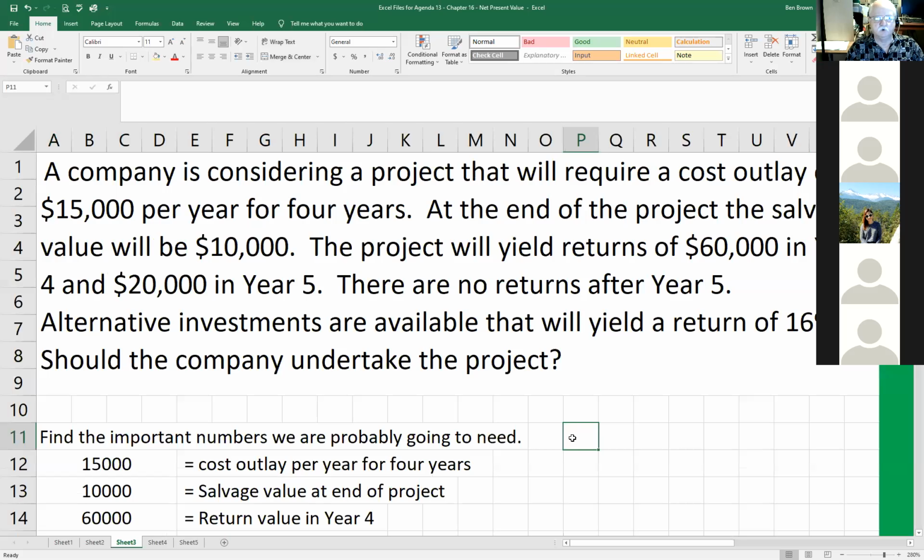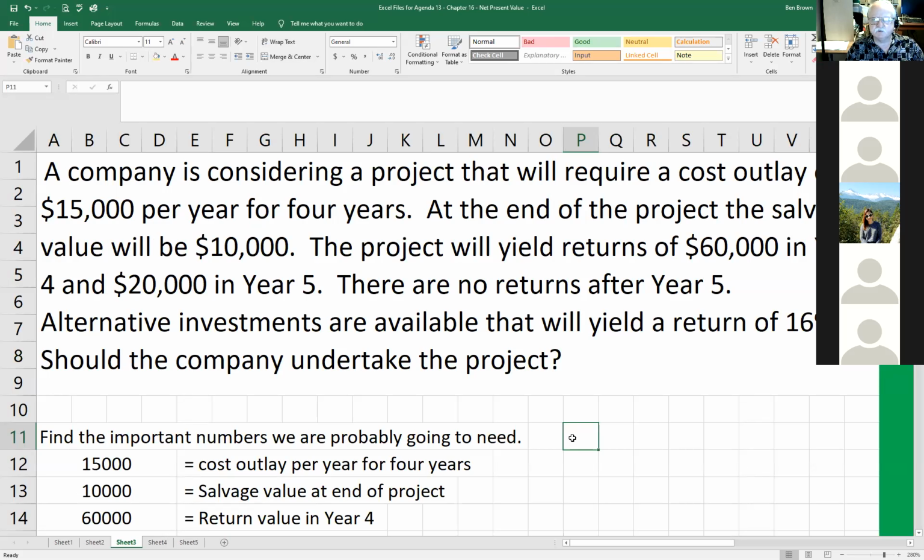So I'm hoping you can see the spreadsheet. If I start reading a question that you can't see, let me know. A company is considering a project that will require a cost outlay of $15,000 per year for 4 years. At the end of the project, the salvage value will be $10,000.